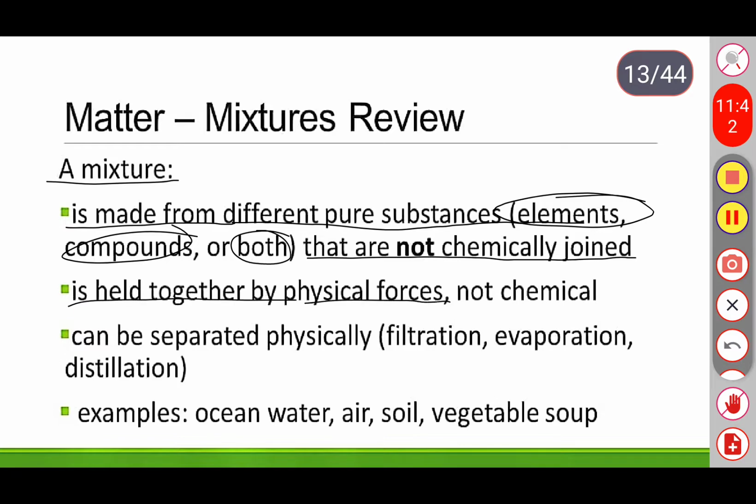It means it does not show any kind of chemical properties, or it does not form any kind of chemical bonding between the two substances. And the third one, it can be separated physically by filtration, evaporation or distillation. Next, examples of mixtures are ocean water, air, soil, vegetable soups. These are some of the examples for mixtures.